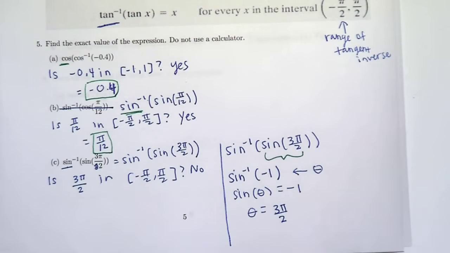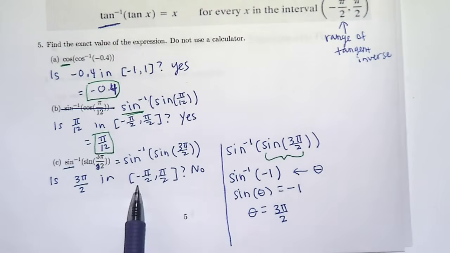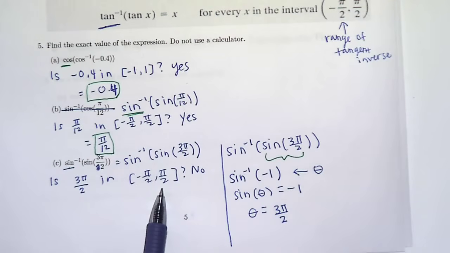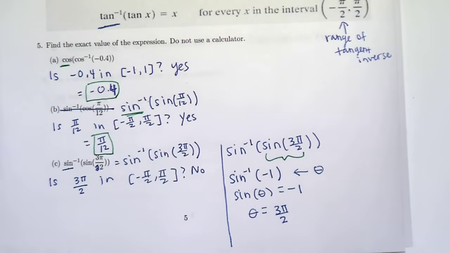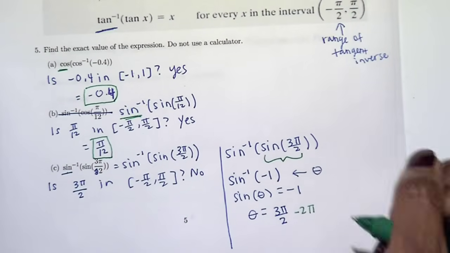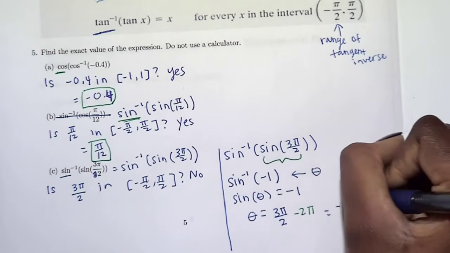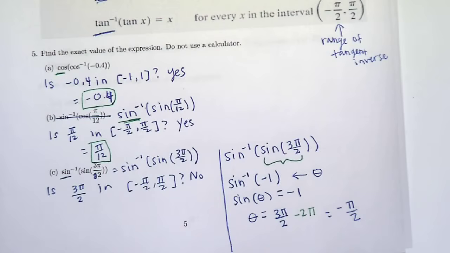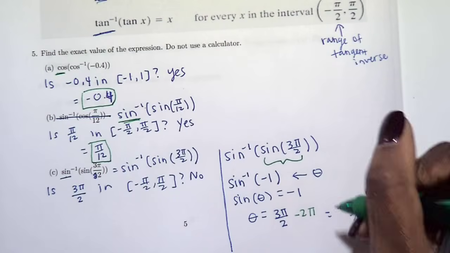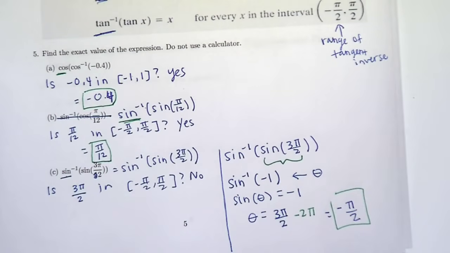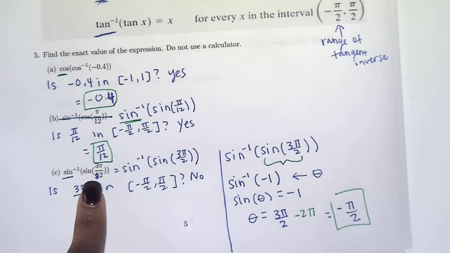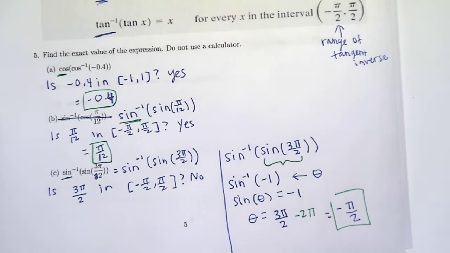We want it to be between -pi over 2 and pi over 2. So what are we going to do? We're going to get a coterminal angle. Let's subtract 2 pi, and we get something that's in our interval. -pi over 2 is the answer. So it's in the same location, but much smaller.